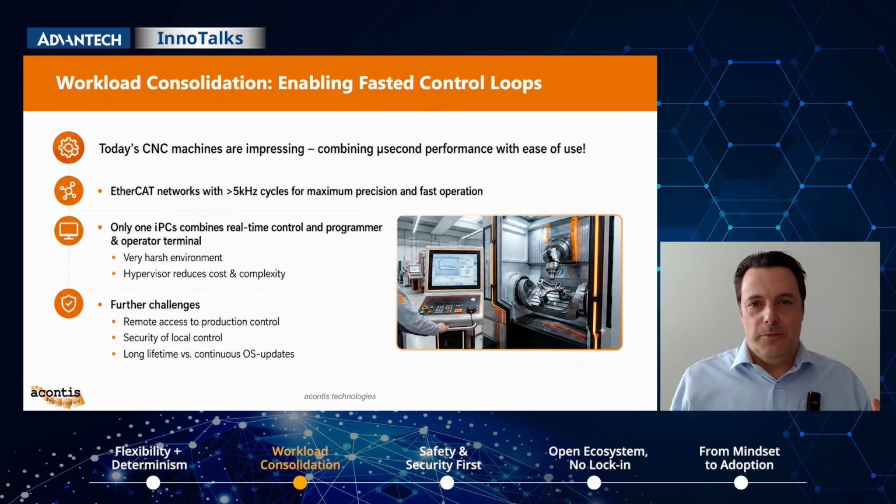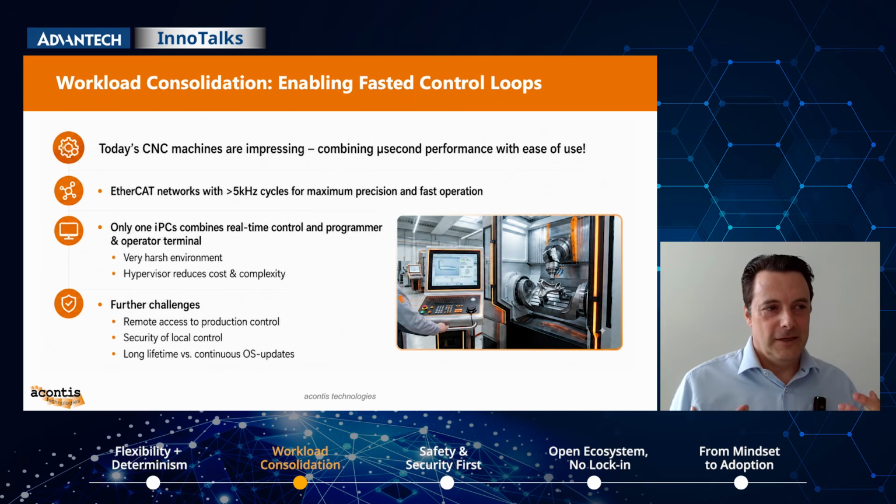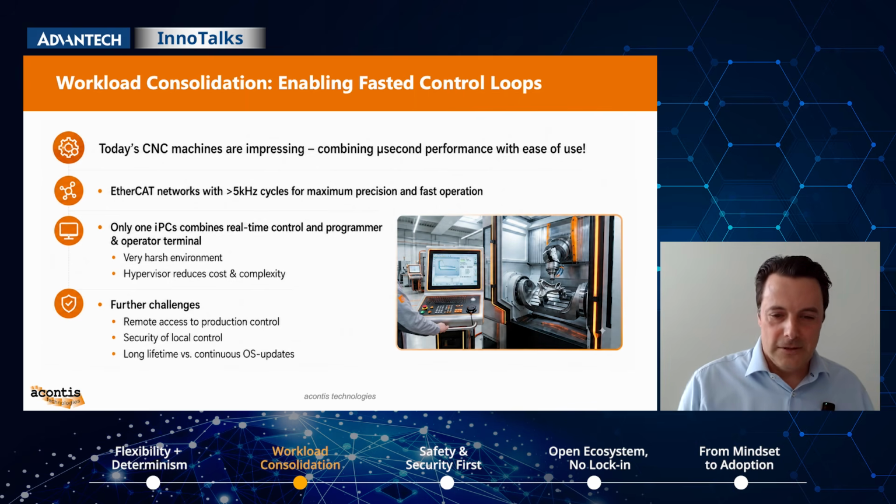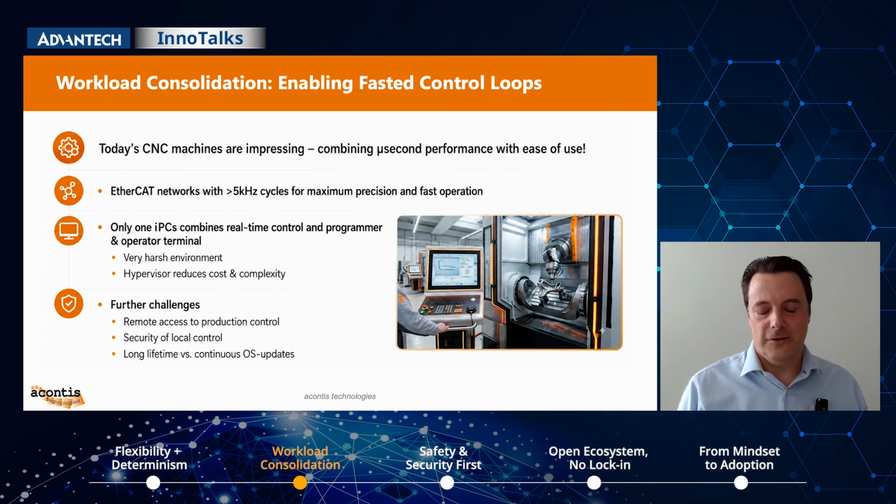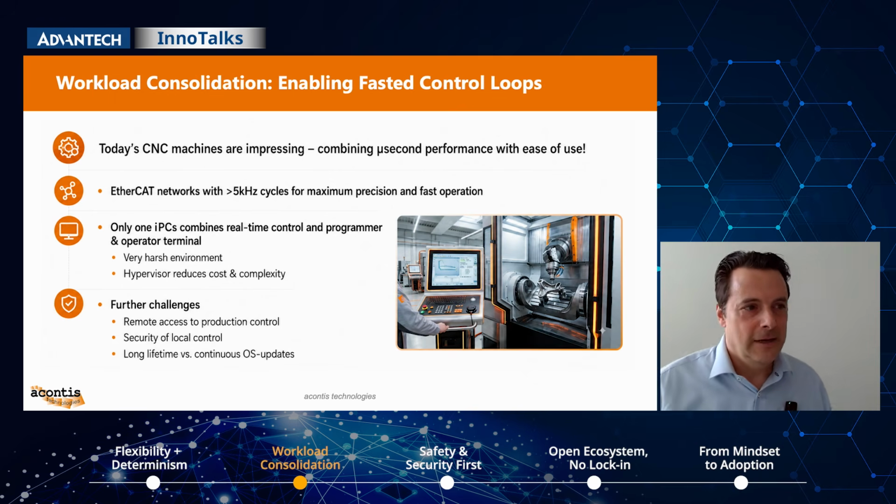By combining both systems into one, they could really achieve a next step in performance, even increasing the cycle times, making the machine faster and more accurate. At the same time, having everything on one device saves a lot of money, because if you think about machinery, you need ruggedized devices, a ruggedized controller, a ruggedized UI terminal.